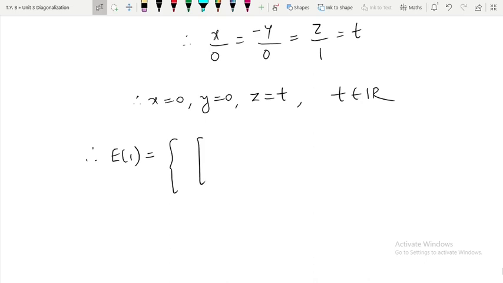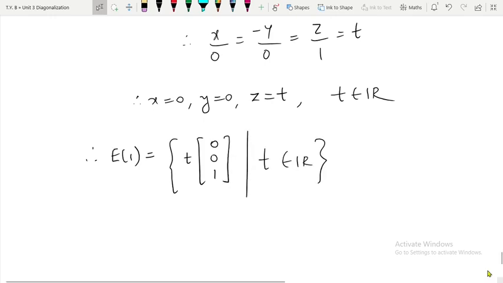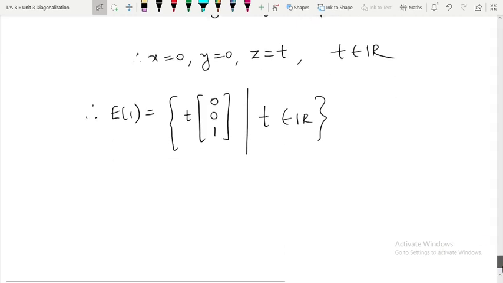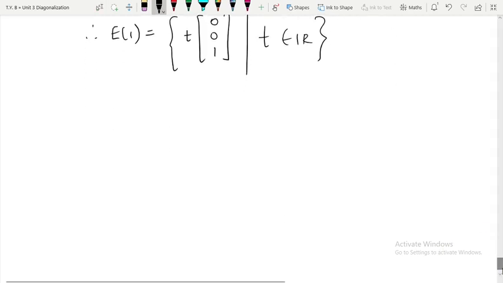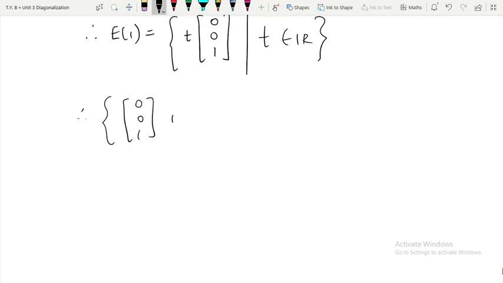And therefore what is your E of 1? Your E of 1 is 0 0 t, but I will shortcut over here somewhat like this, such that t belongs to R. And therefore what is your basis? The set 0 0 1 is a basis of E of 1. And what is your eigenvector?